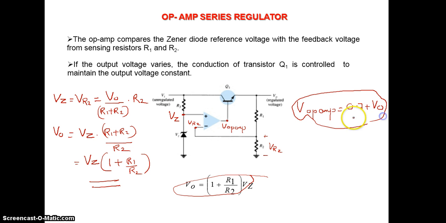In order to control the transistor, this V op-amp voltage should exceed the output by 0.7 volt. So that is about the op-amp series regulator. Thank you.